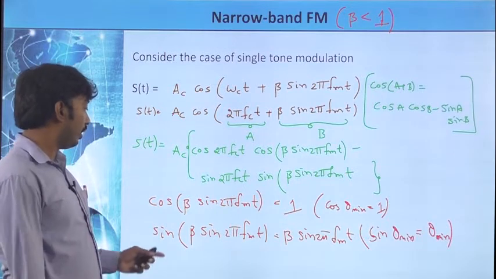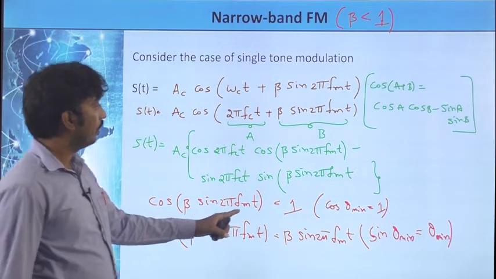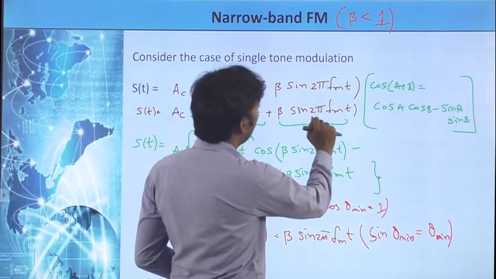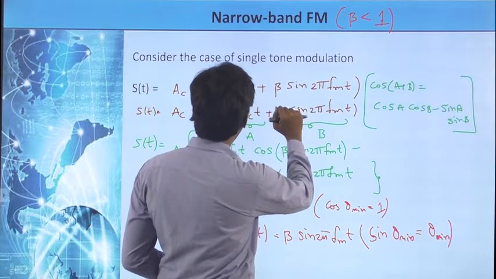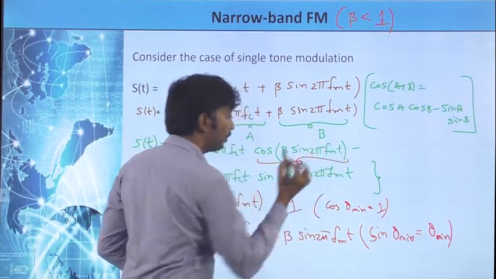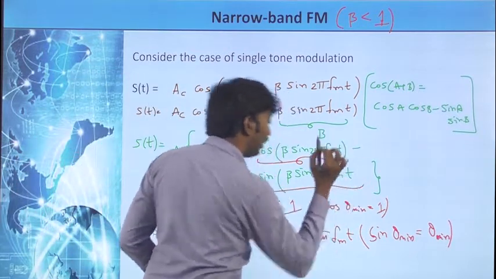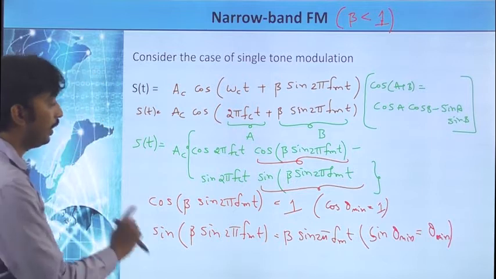So wherever the cos of beta sin 2 pi FMT function is there, I am replacing it with 1, and sin of beta sin 2 pi FMT I am replacing with beta sin 2 pi FMT.